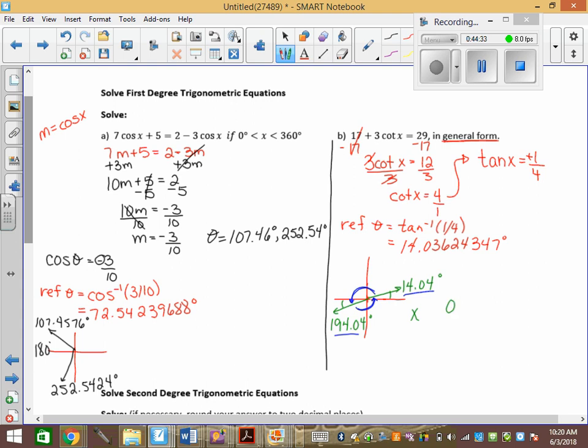So theta equals, for general form, 14.04 degrees plus 180 degrees N, N element of integers. Could I give two answers, 14.04 plus 360 degrees N, N element of integers, and 194.04 plus 360 degrees N, N element of integers? Yes. Will they probably have that answer? No. Could I give it though? Yes.